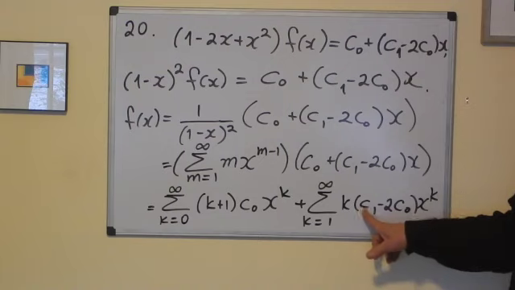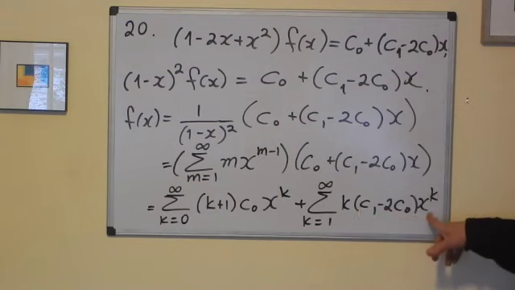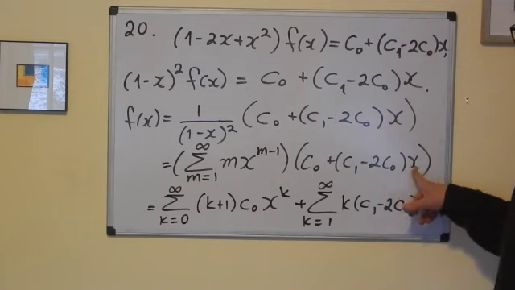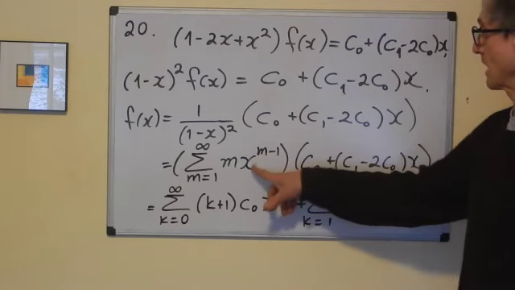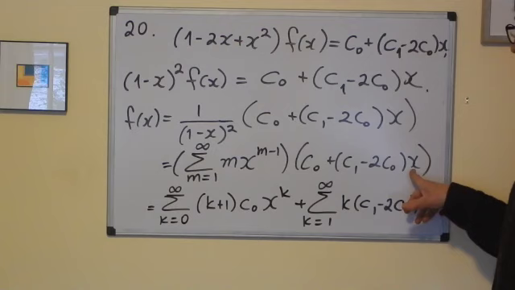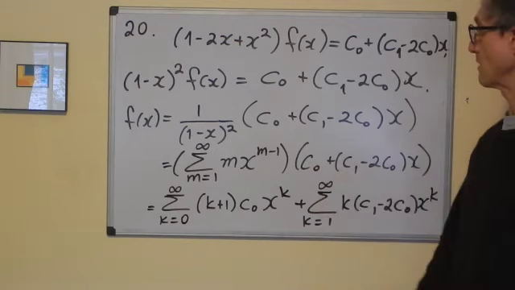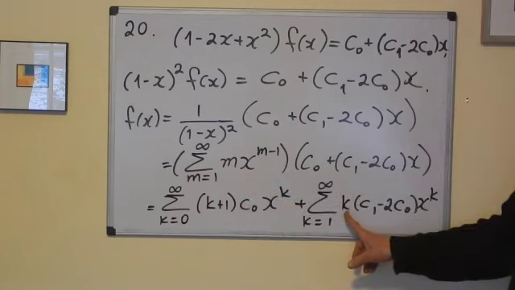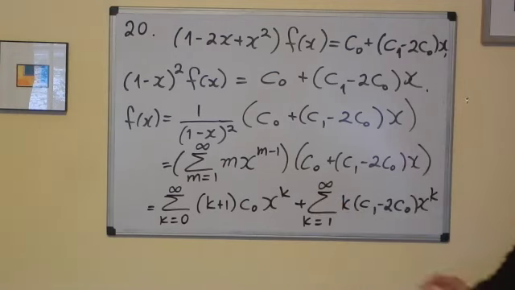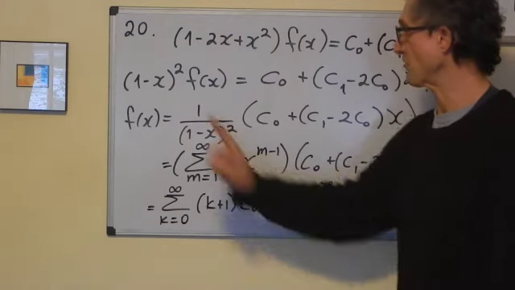So we have c1 minus 2c0 times x to the k. And again, k here now is x to the m minus 1 times x gives x to the m. So here k is equal to m, and the coefficient is k. So m here is k. And so that's what we're finding for f of x.